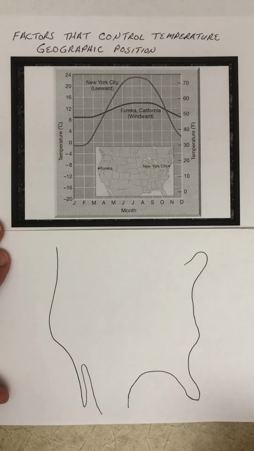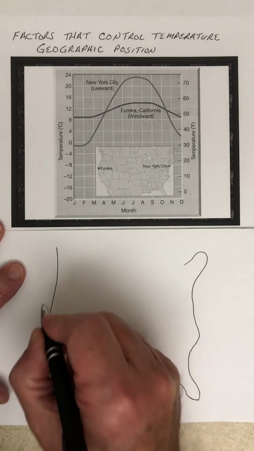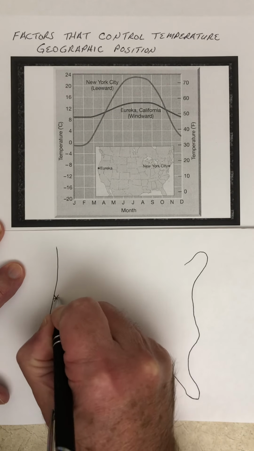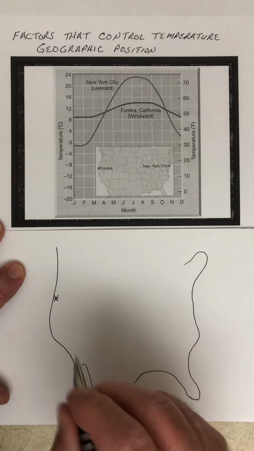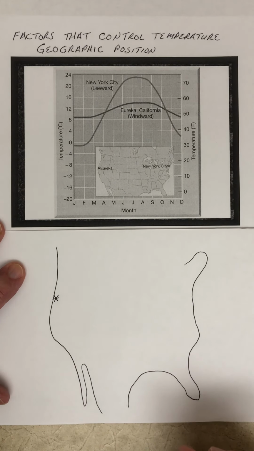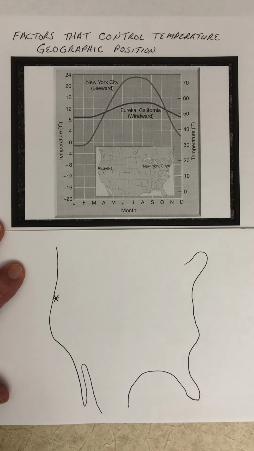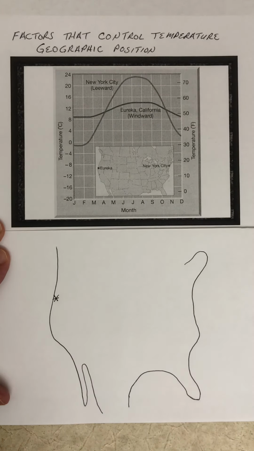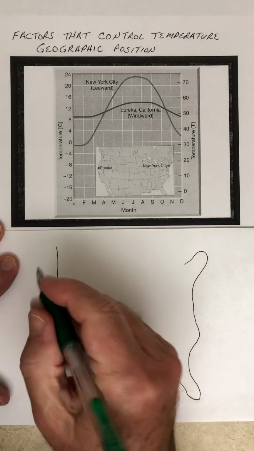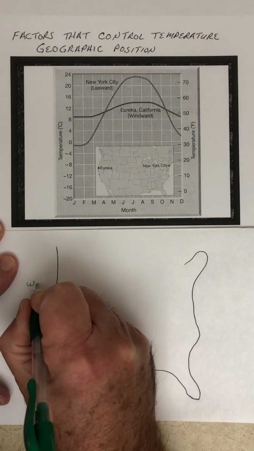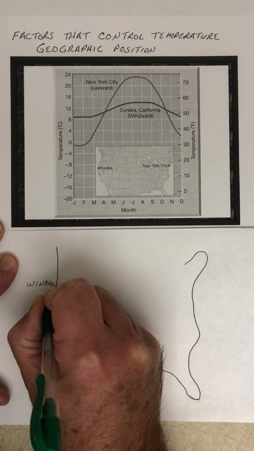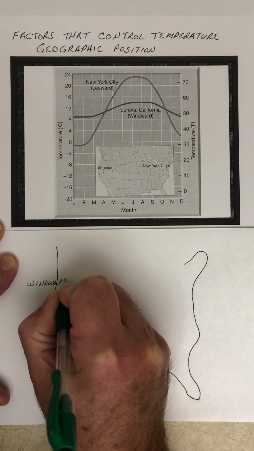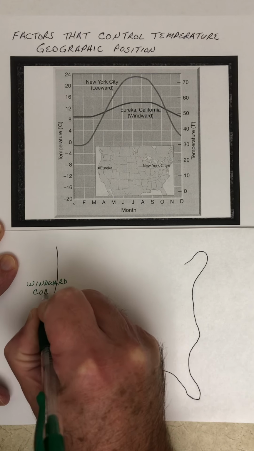All right, so what we're going to be looking at is what's called a windward coastal location. So that would be on the west coast of the United States, we'll use as an example. We'll call this one a windward coastal location, it's on the coast.